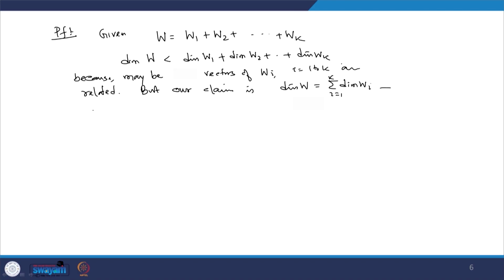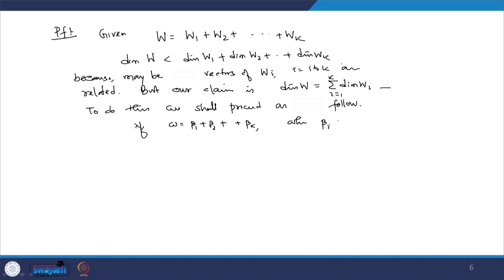We shall show that if 0 equals beta1 plus beta2 plus ... plus betak, where beta i belongs to Wi, this will imply beta i equal to 0 for i equal to 1 to k.